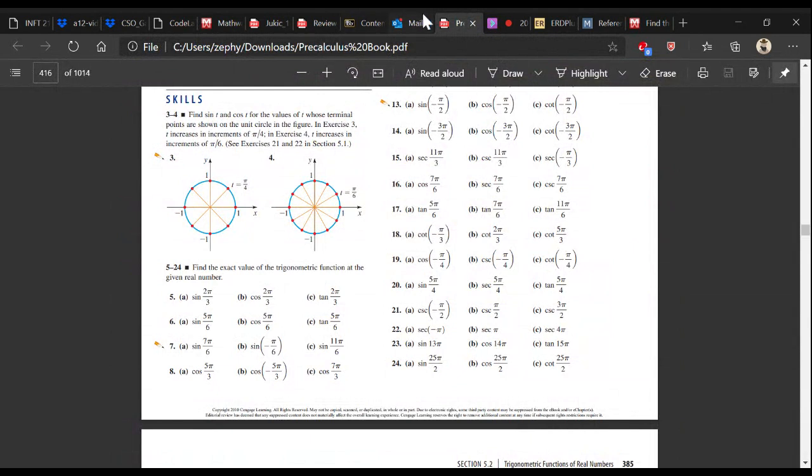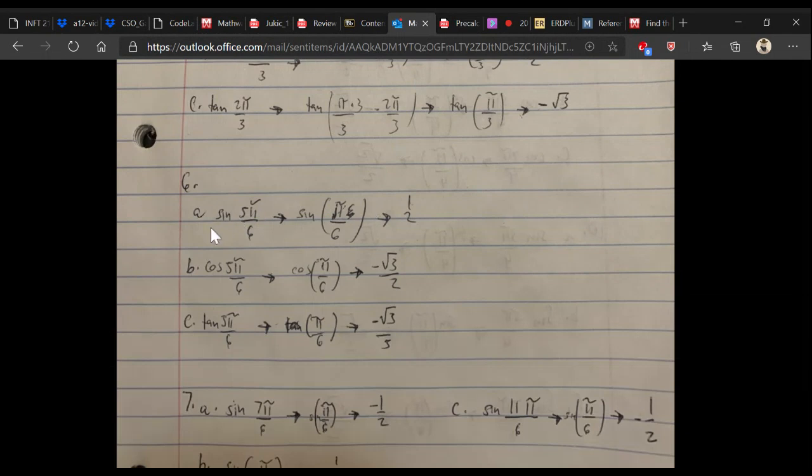For number 6, letter A, sine of an angle, not times. Sine of 5 pi over 6. It's just a symbol, not multiplication.